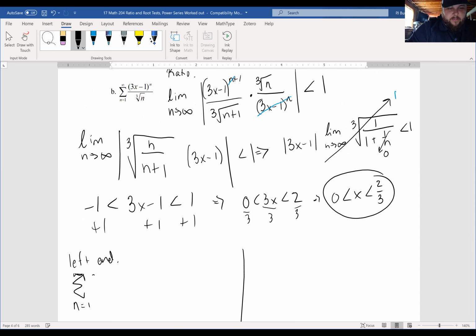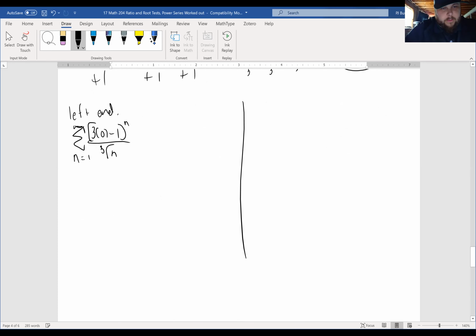So that would be 3 times 0 minus 1 to the n all over the cubed root of n. So that's going to be the sum from 1 to infinity of negative 1 to the n over the third root of n. That's an alternating series.